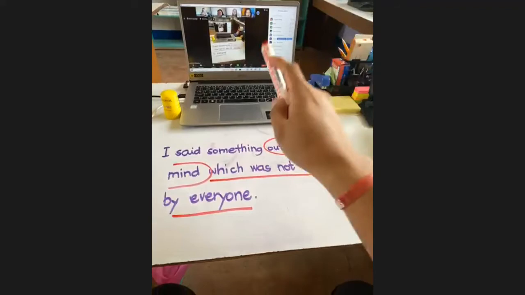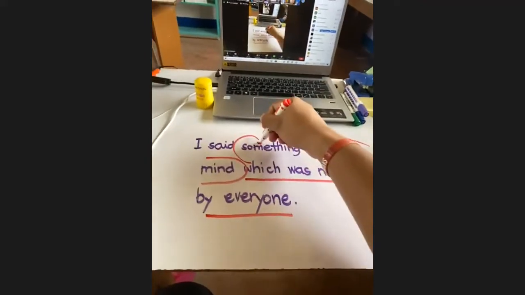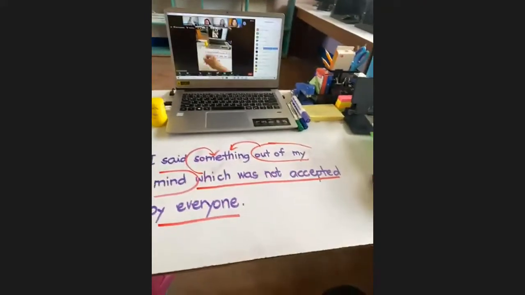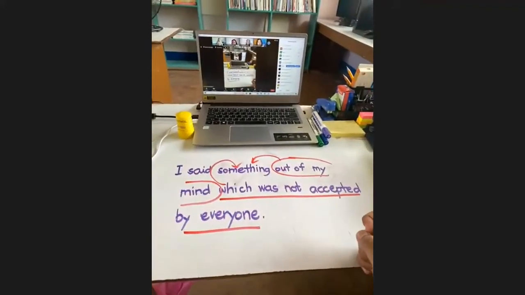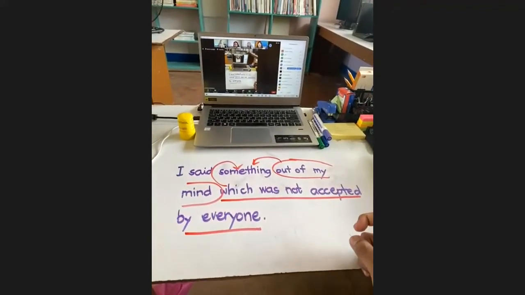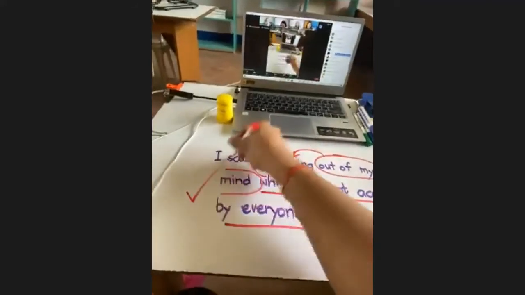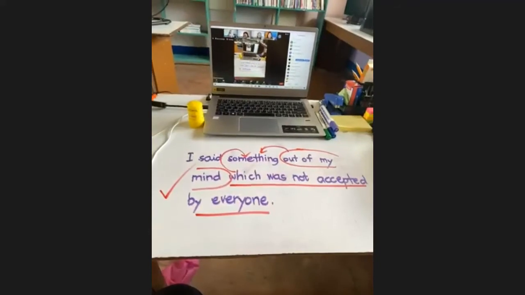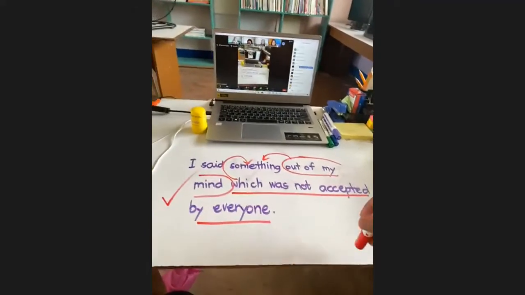Something. Therefore, oh, so the clause is the object of the preposition. No, the object of the preposition is mine. Therefore, this sentence is actually correct. You can structure this in two ways.